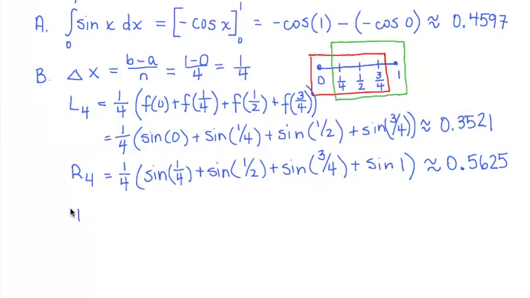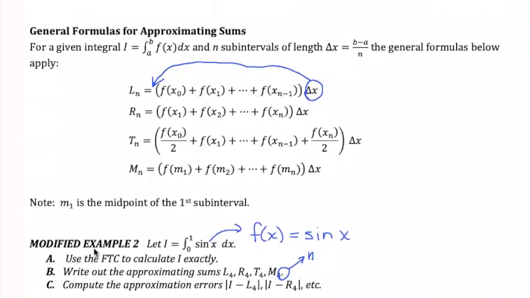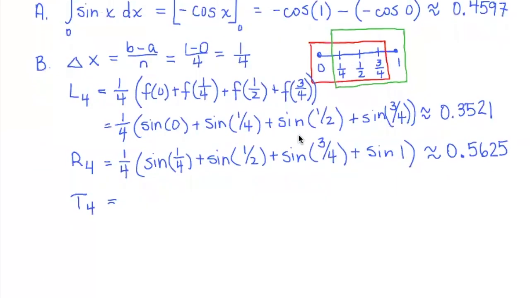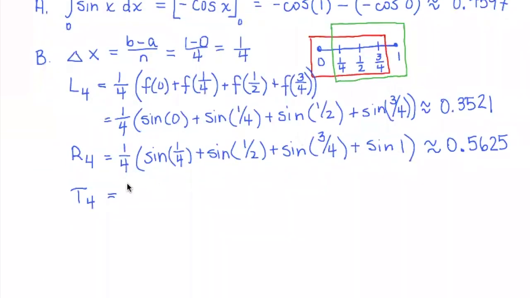For the trapezoidal sum, you can go back up top and follow along and use this version of the formula, or you can do it the way that we did it before, which is equivalent, which is to say that it's the sum of the left and the right divided by 2, which creates their average.